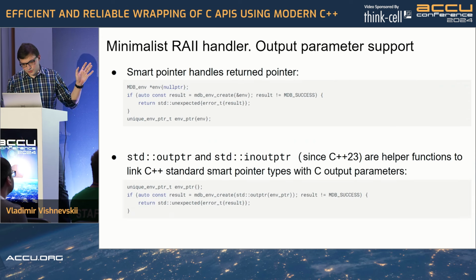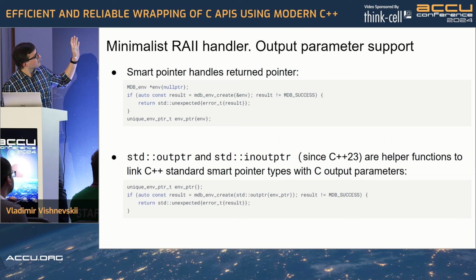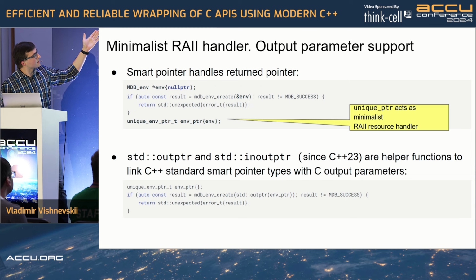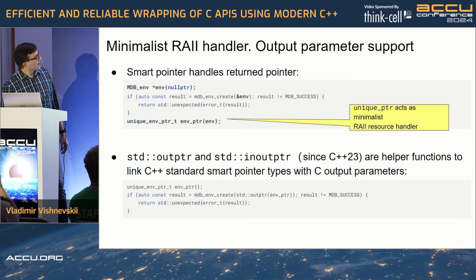And the pattern to use this is typically like that. We just create the raw pointer, we pass the pointer to the C API that is supposed to allocate this resource, and then we pass it into the control of the handler that we specified.